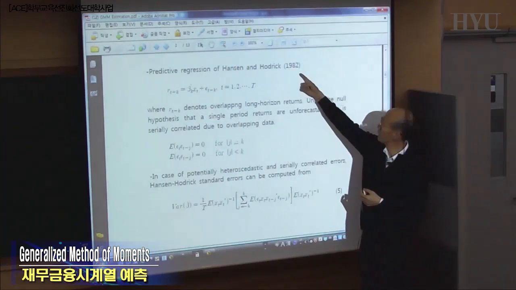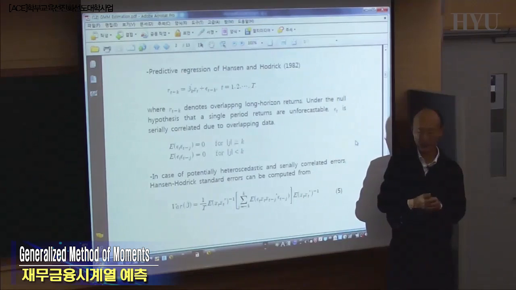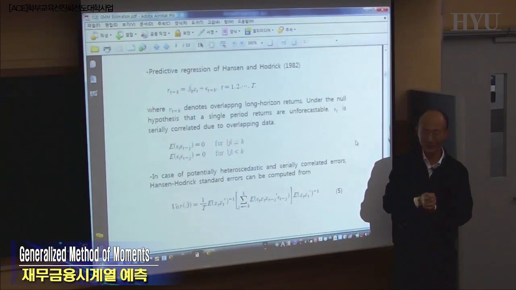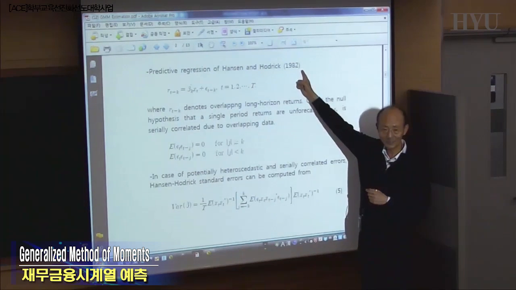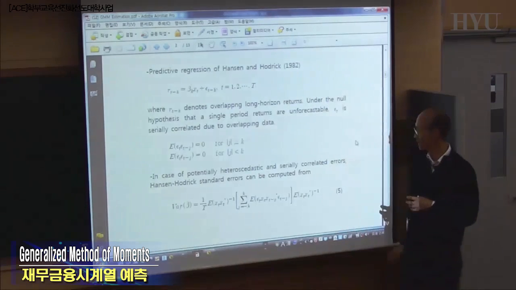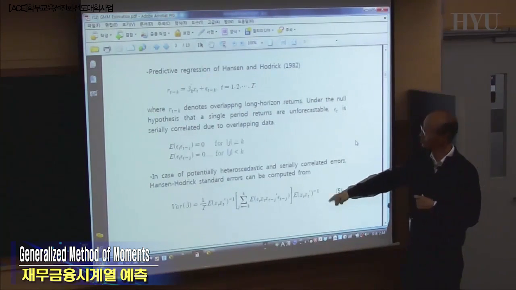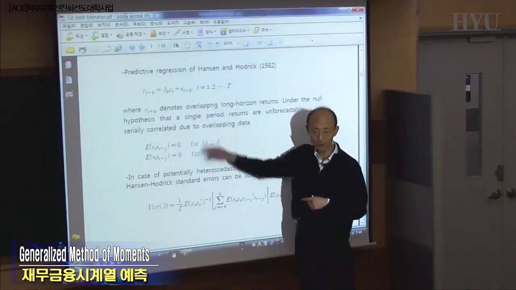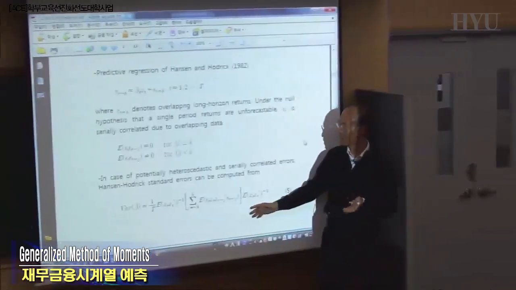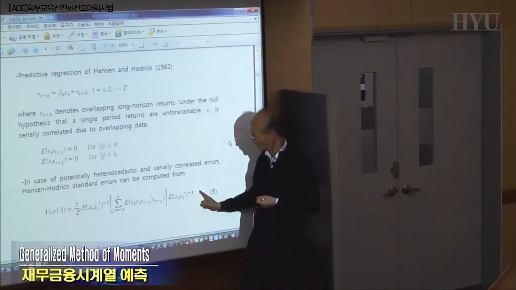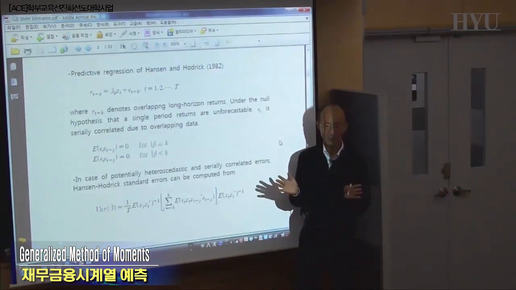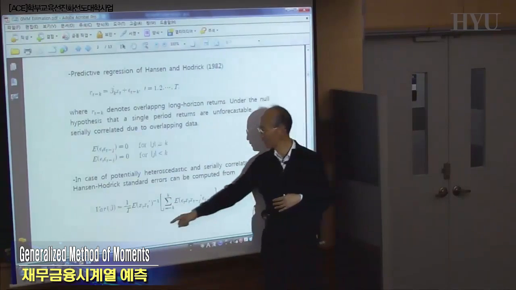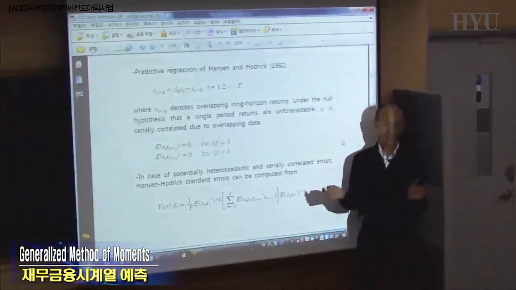That was about the time I was preparing for my study in the United States, because I started my master's course in 1983. When I got there and tried to replicate their results like this one, I found that I can compute this quantity sometimes, and sometimes this quantity cannot be computed.